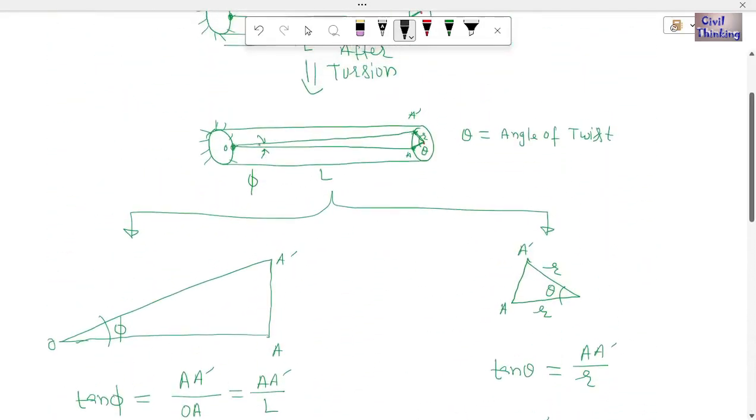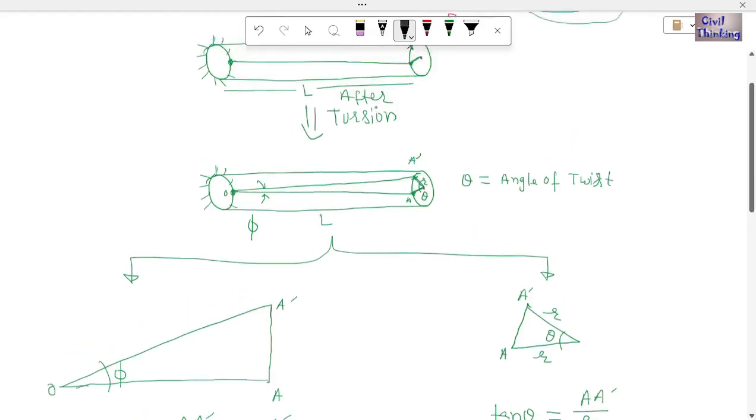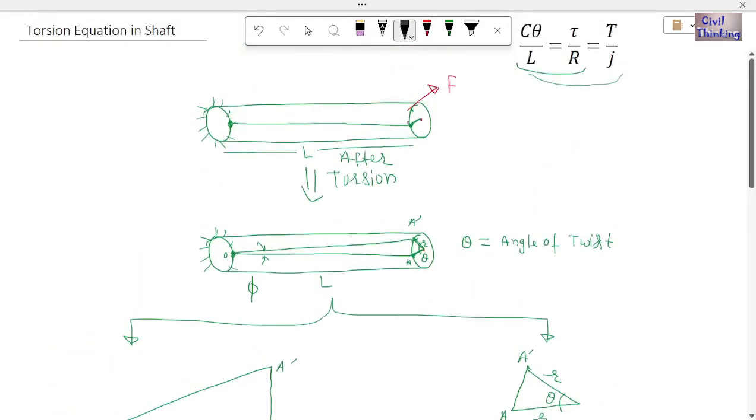The tangent of phi is the shear strain here, because we have applied this F. This F is tangent to it, and it has caused the distortion. The distortion is because of this force F, because it will twist; F acts like a shear force here.